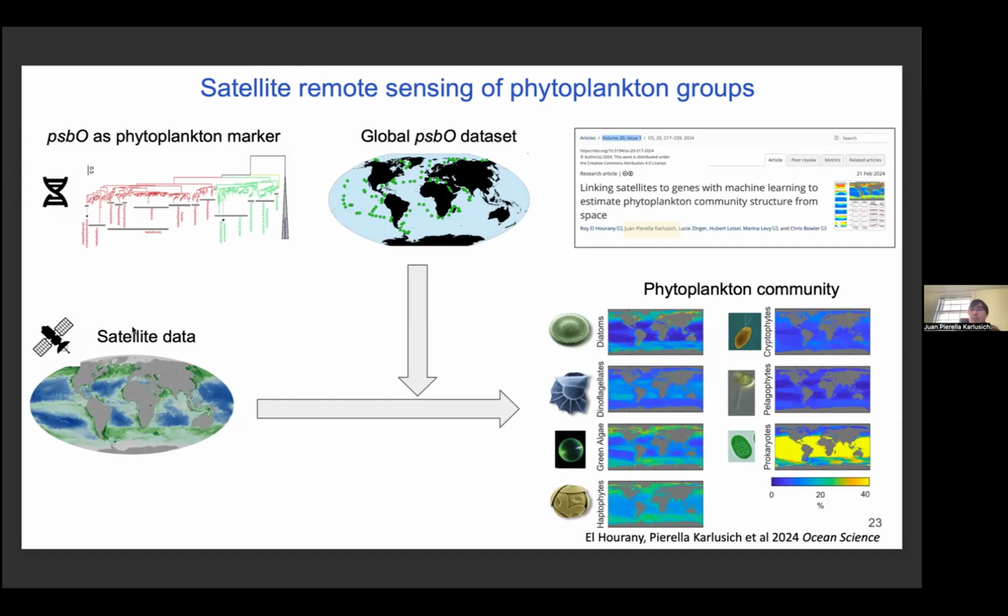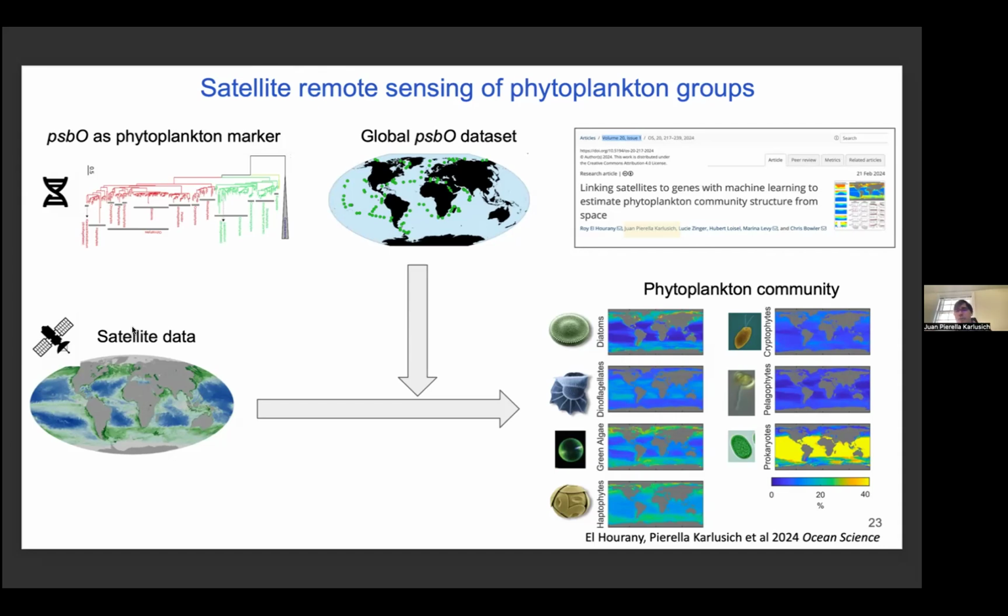In collaboration with Ro El Hurani, a researcher specialized in satellite remote sensing, we were able to parametricize the optical information obtained from satellite data and compare it with the PSBO abundances that we detected in each of the Tara Oceans sampling stations.